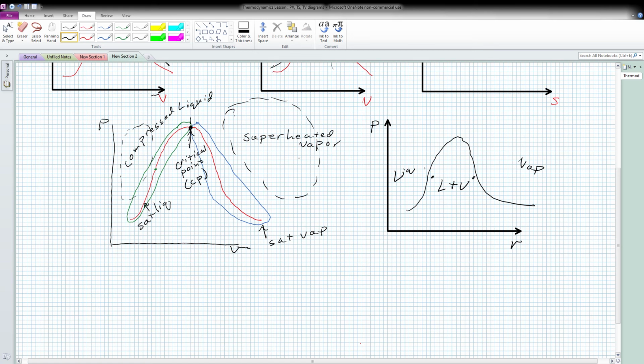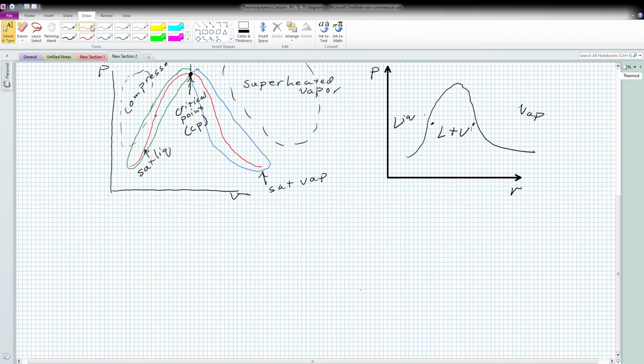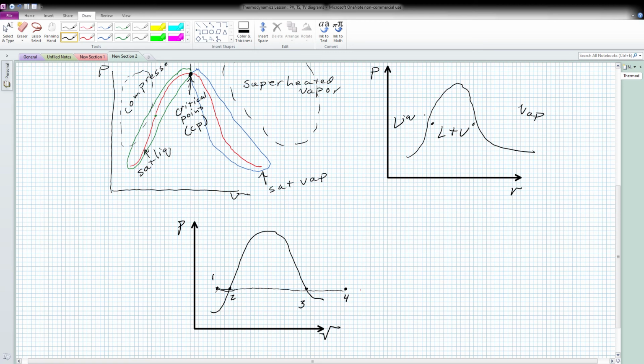Now, I shall do an example process to walk you through every single part of the diagram. So here, I'll draw another PV diagram. Here's the dome. My process is going to be 1, 2, 3, and then I'm going to go constant pressure, 4.